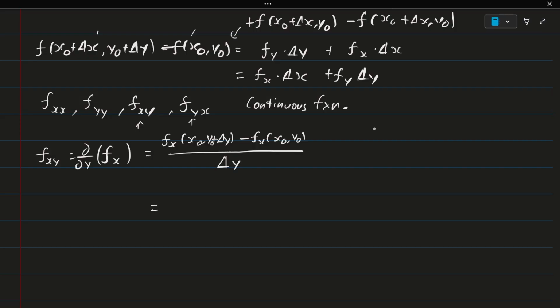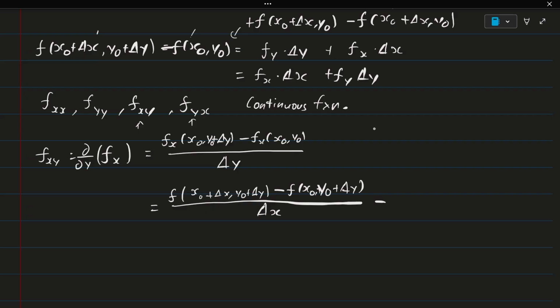So we could rewrite this much further: f of x0 plus delta x and y0 plus delta y, because this is what we are interested in, the y is within this y0 plus delta y. We could subtract this by f of x0, y0 plus delta y, everything is divided by delta x.